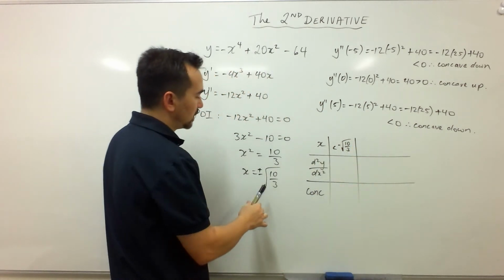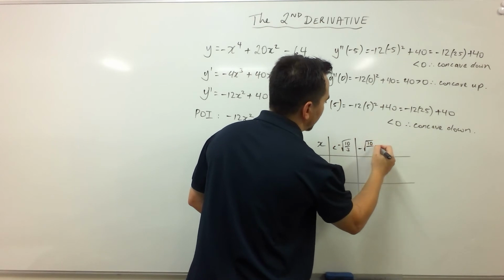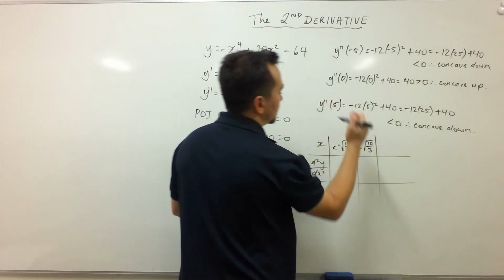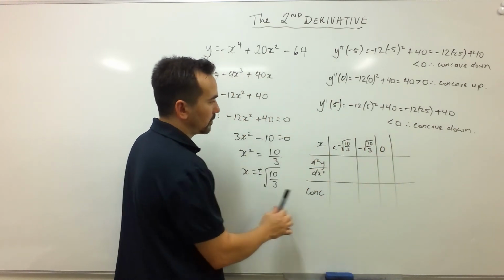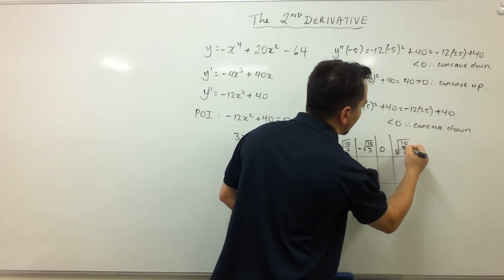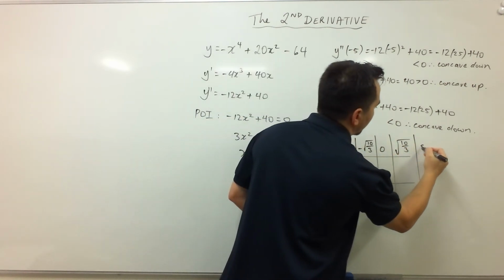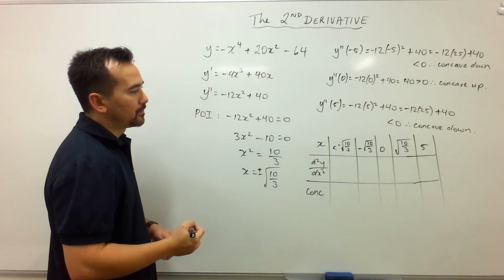Then we found at negative root 10 on 3. And then we found a value 0. And then we found the positive root 10 on 3. And then we found a value 5. Okay. This is a bit of a summary.